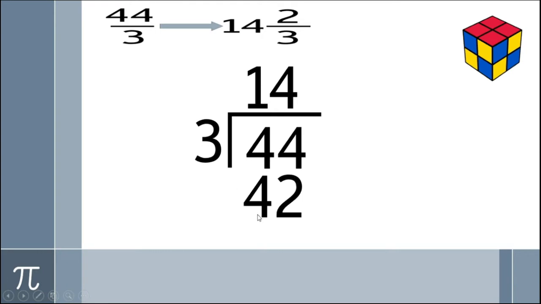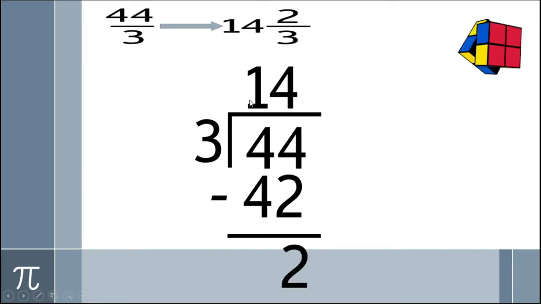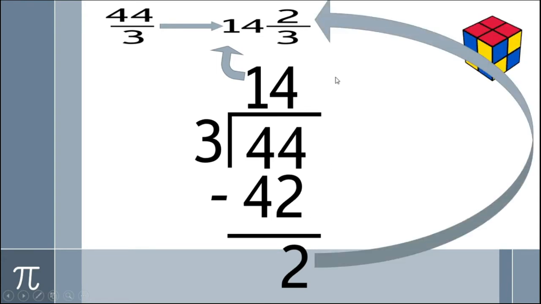Subtract 42 from 44. So 44 minus 42 is equal to 2. Yung quotient, yun ang magiging whole number. Yung 2 na remainder, yun ang magiging numerator. Then, copy the denominator. Kaya yung 44 thirds magiging 14 and 2 thirds.